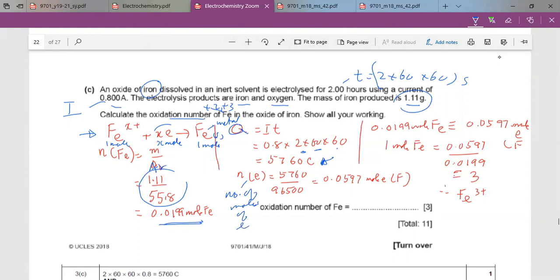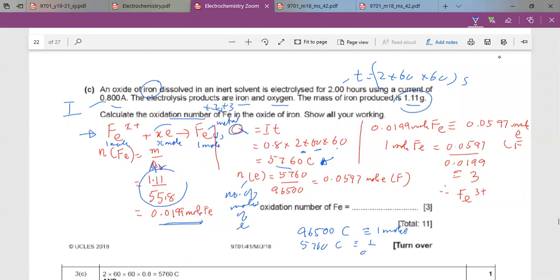Okay, remember, I told you already, 96500. Now you can use Avogadro's number here because they didn't say find Avogadro's number. Okay, 96500 coulombs equal to 1 mole of electrons. So that means this number of coulombs, 5760 coulombs, how many moles?